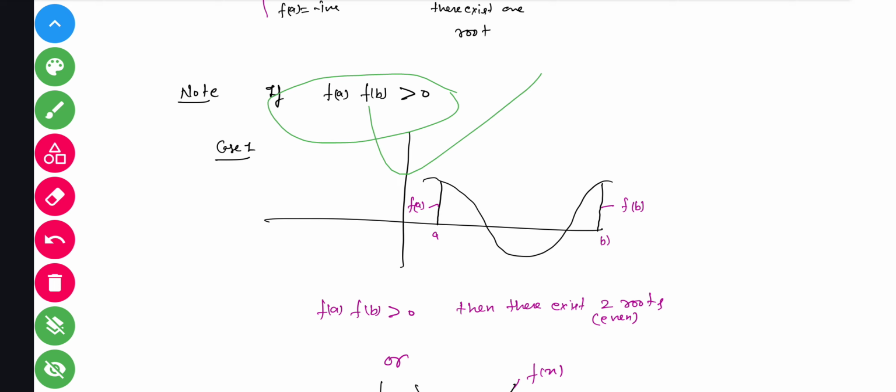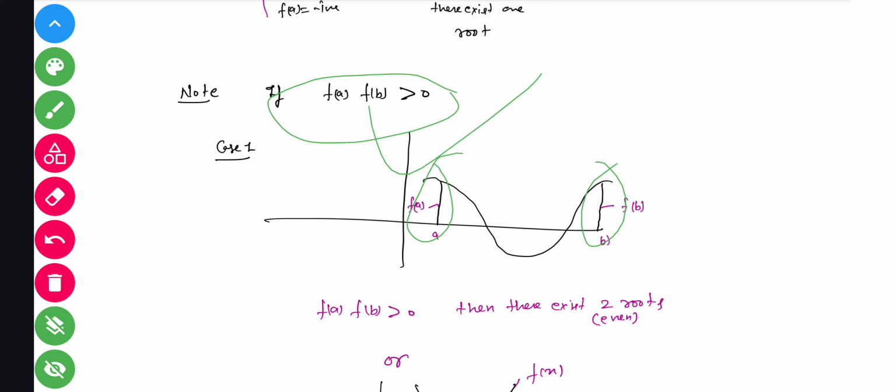That means both the functional values at a and b are positive. So there are two roots actually, and there can be 0 roots as well. Okay, 0 to 4, that is an even number of roots. If there are 0 roots, then we cannot say that there is at least one root and use that interval to find the root.